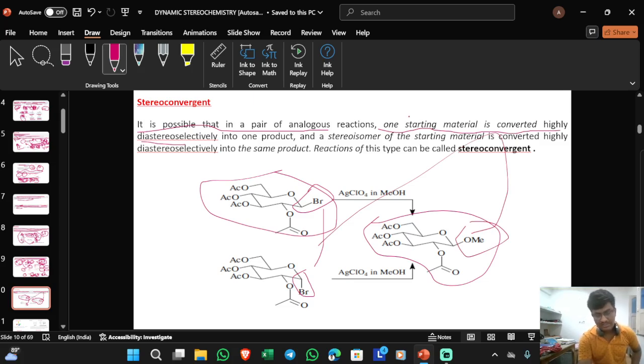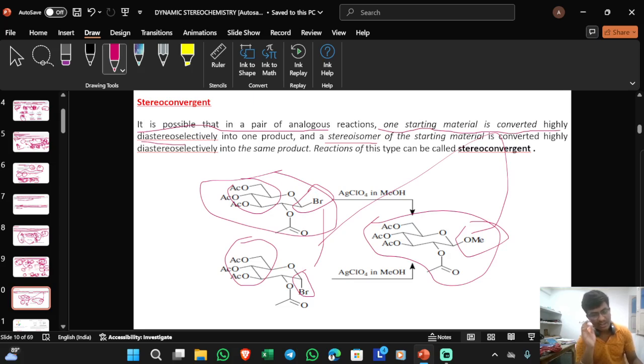First of all, one starting material is converted highly selectively into one product, a diastereomer, because there is a maximum of chiral centers. Then R and S and R and R to calculate, I am not talking about that now.